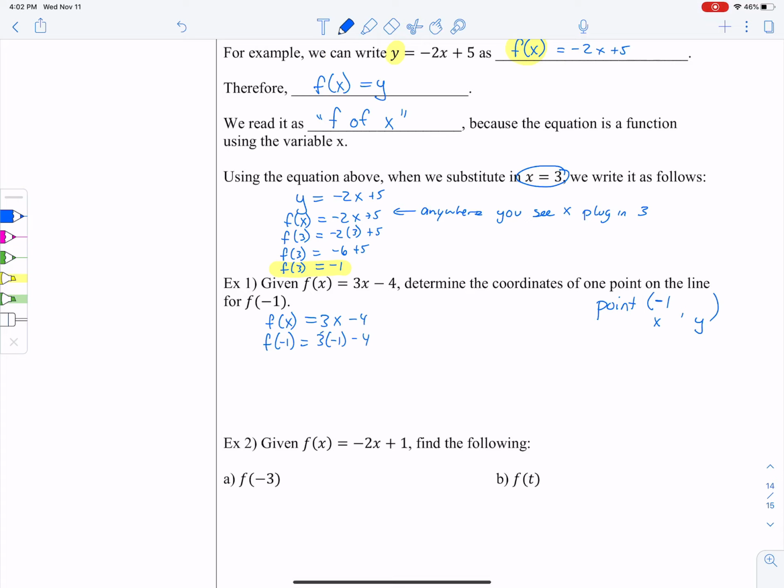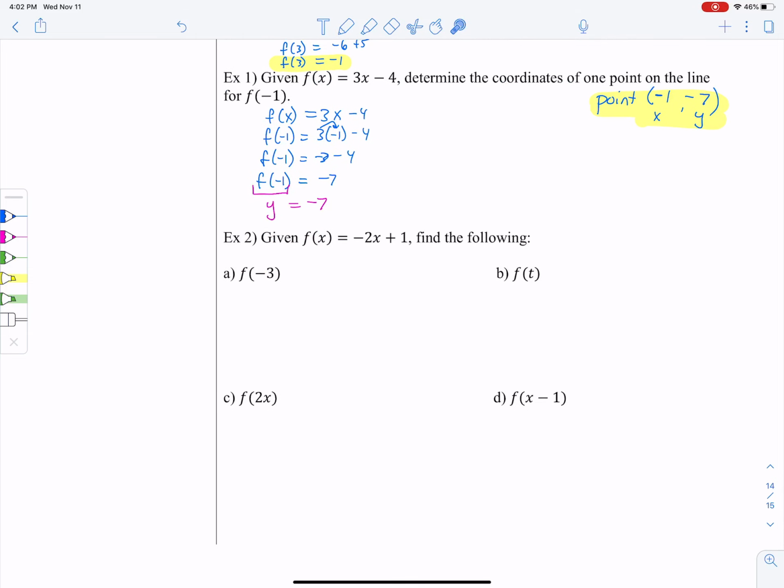We're going to multiply the 3 and the negative 1 together. 3 times negative 1 is negative 3 minus 4. So f of negative 1 is equal to negative 7. Now remember that this part here means y. So it's basically saying y is equal to negative 7. So now here we can write negative 7 as our second part of the point. Okay, and that's the final answer for this question.